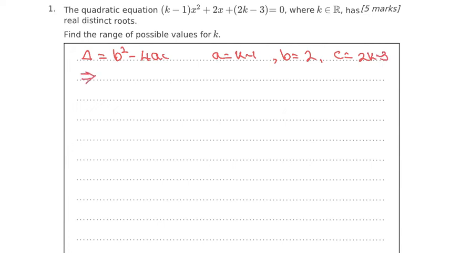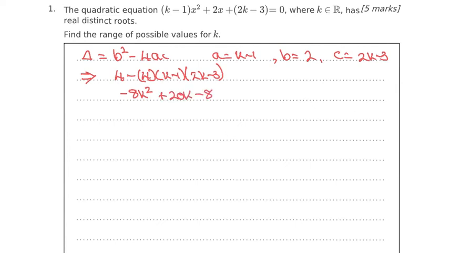Therefore, we get b squared is 4 minus 4 lots of (k minus 1) times (2k minus 3). When we multiply that out, we get minus 8k squared plus 20k minus 8.